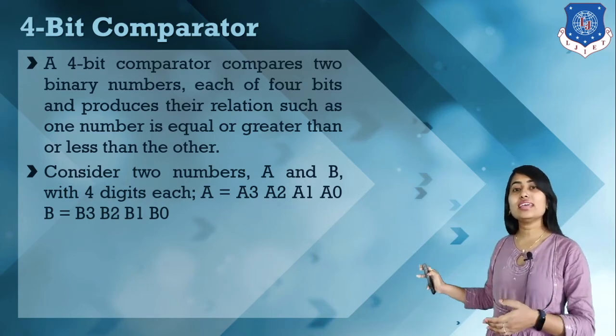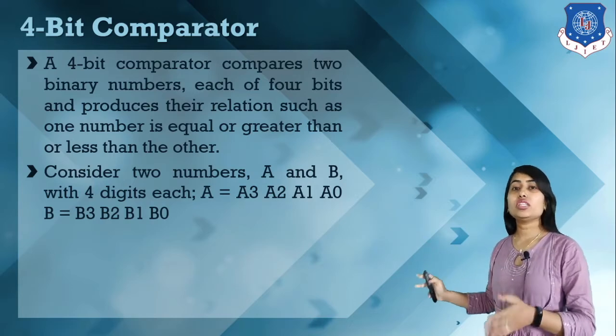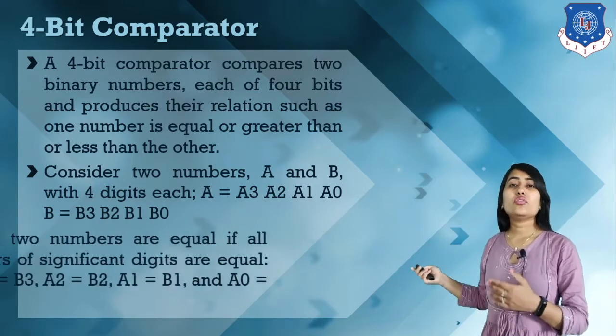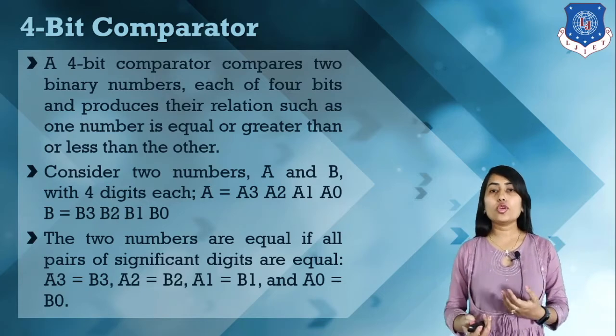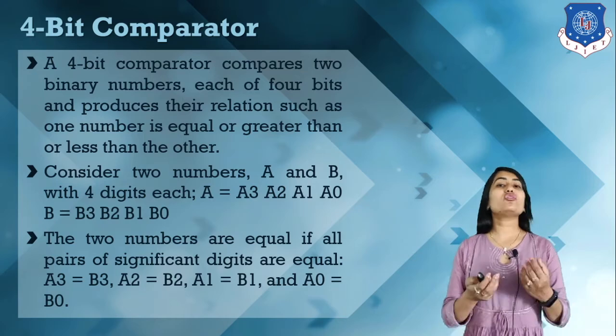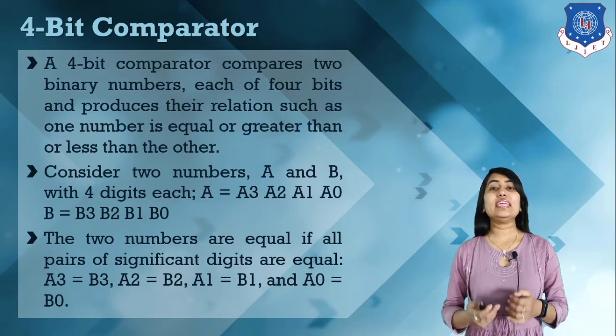So here in A we have A3, A2, A1, A0, and in B we have B3, B2, B1, B0. Here we can compare the 4-bit numbers, and then we have equations for A less than B, A greater than B, or A equals B.